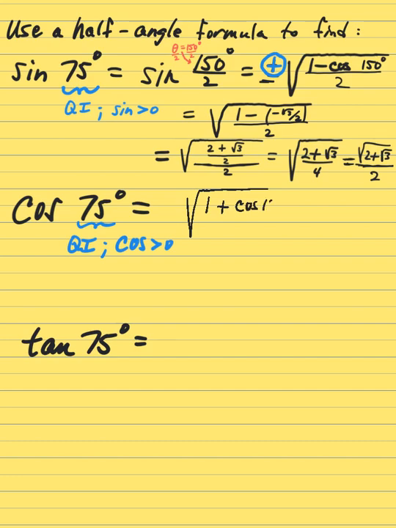That's the only difference. Okay, so that gives us square root 1 plus negative square root of 3 over 2, all over 2.